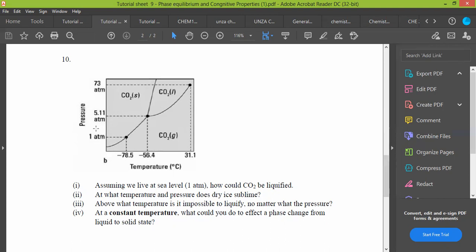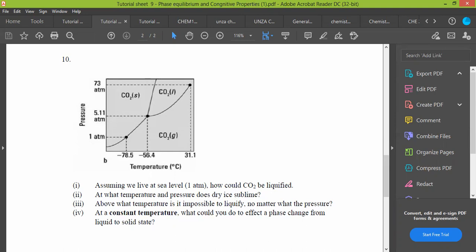Otherwise, if you keep the pressure constant, there is nothing you can do. So by increasing the pressure and temperature at the same time, you'll be able to liquefy carbon dioxide.